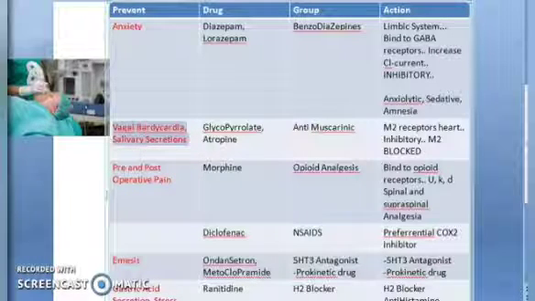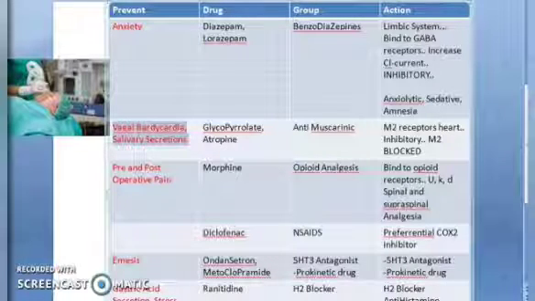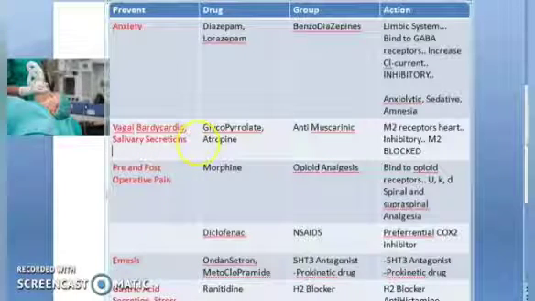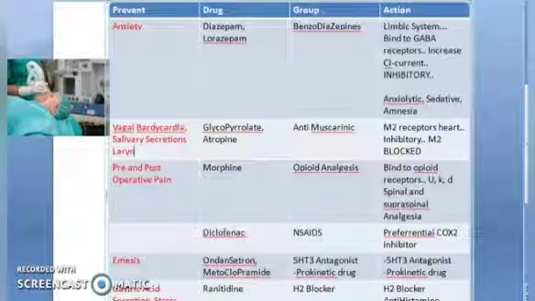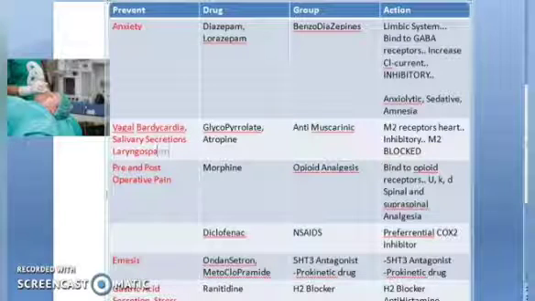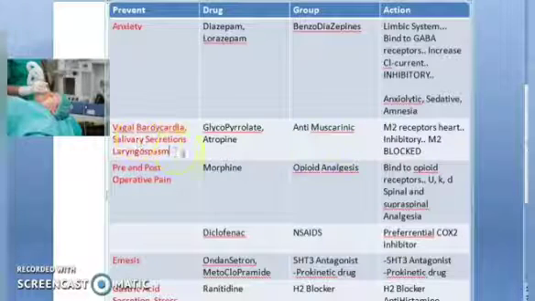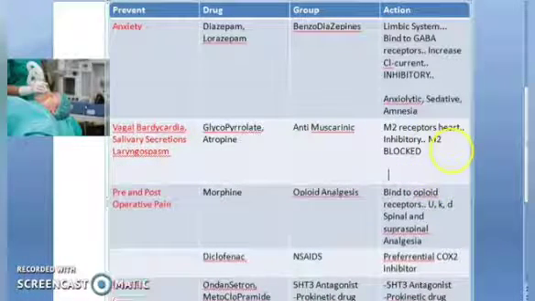Do you want us to read any data? They also prevent laryngospasm. Laryngospasm is prevented by reducing respiratory secretions.